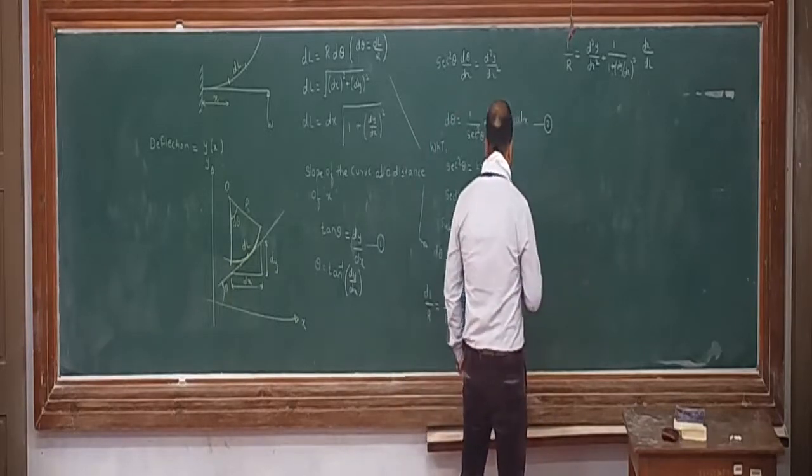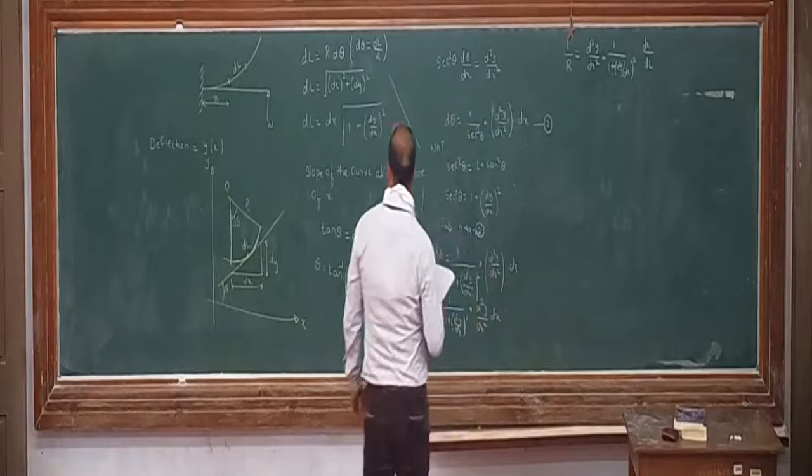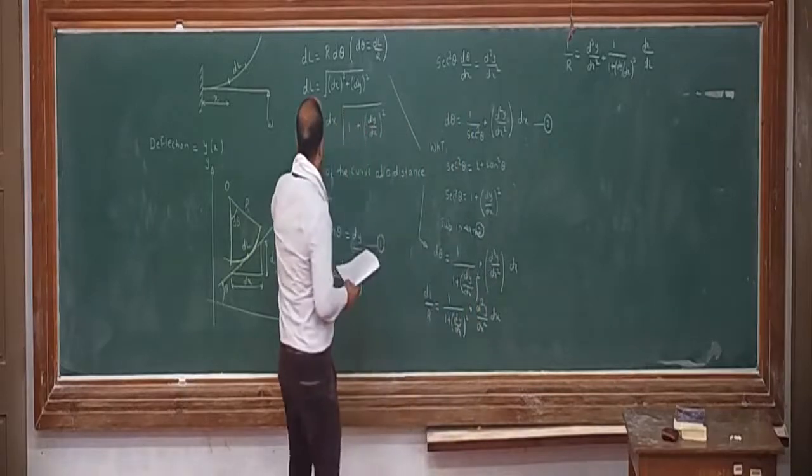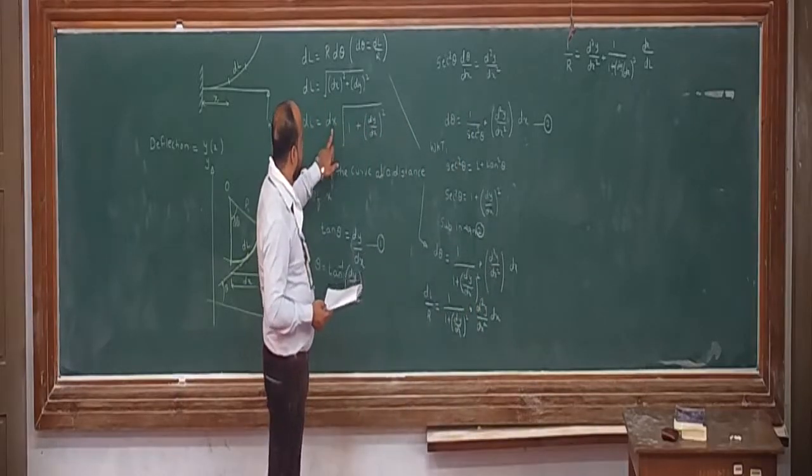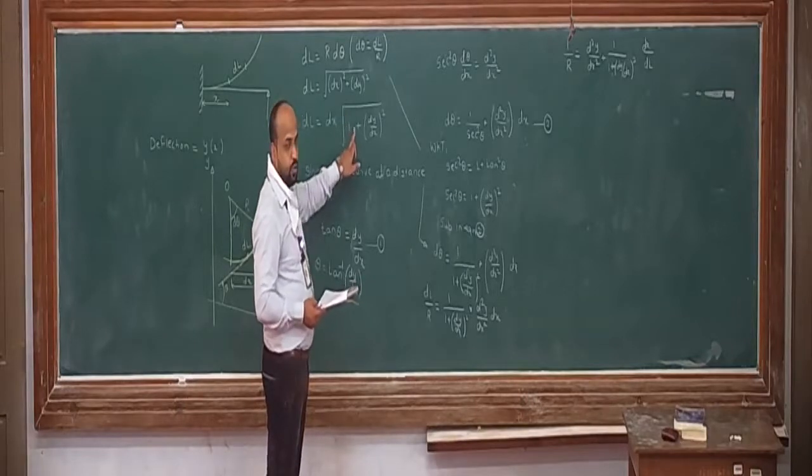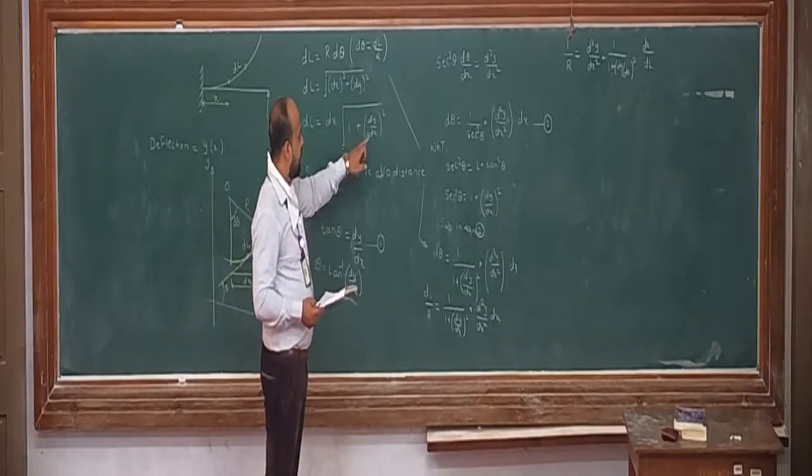Now what do you have for dl? dl is equal to dx into under root 1 plus (dy by dx) square.